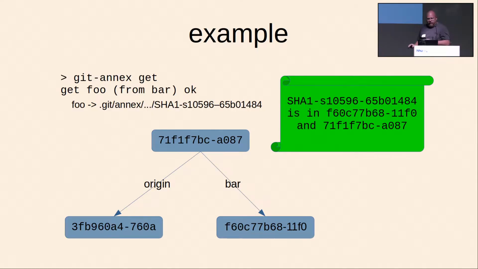Well, git-annex says, oh, okay, I can get it from down here, so it goes to this remote, it copies it into the local repository, populating where that symlink points with the file. Now you have the file in the repository, and also updated the git-annex branch to say, oh, it's also stored over here. And this way, if you push that git-annex branch to somebody else, they know then that you have a copy of the file. And they could get it from you if they have you as a remote, for example.